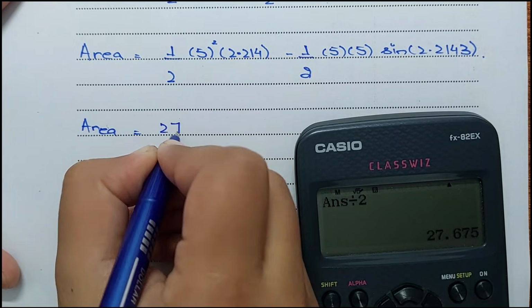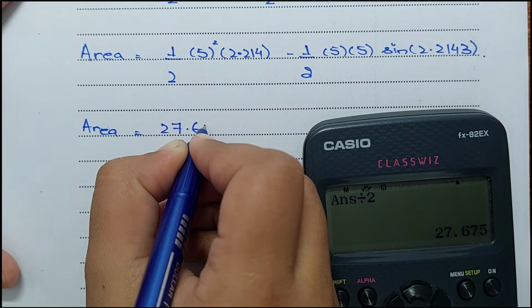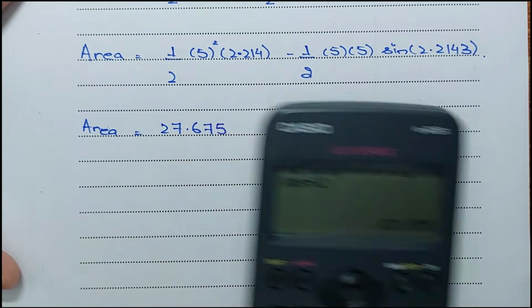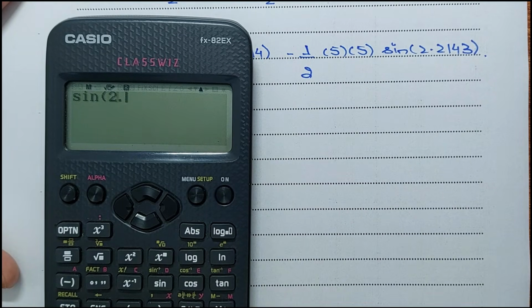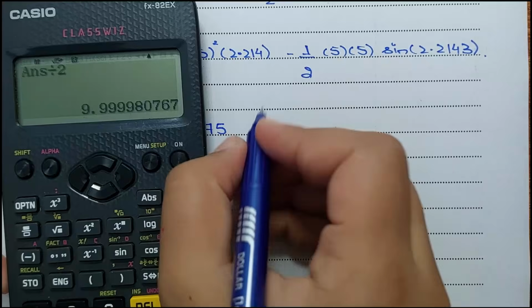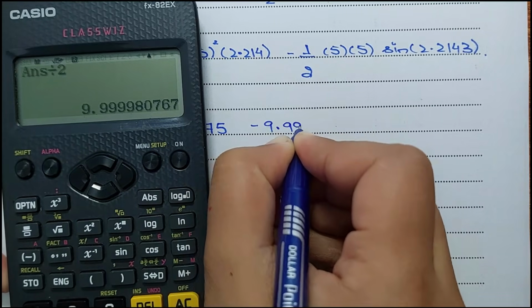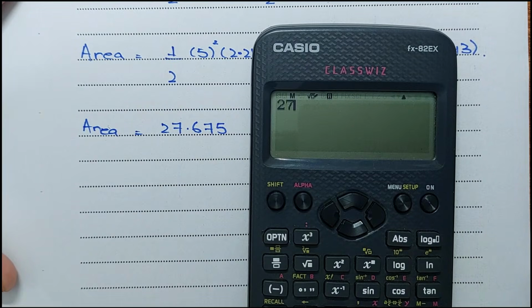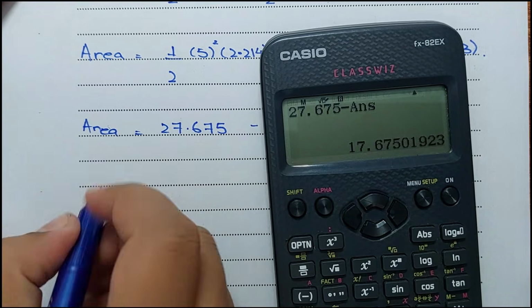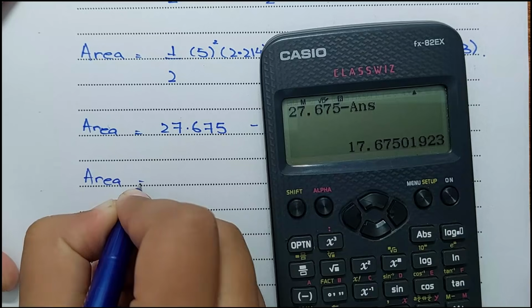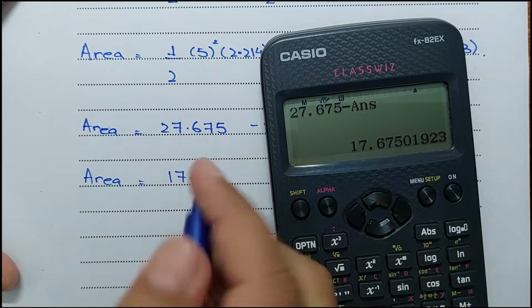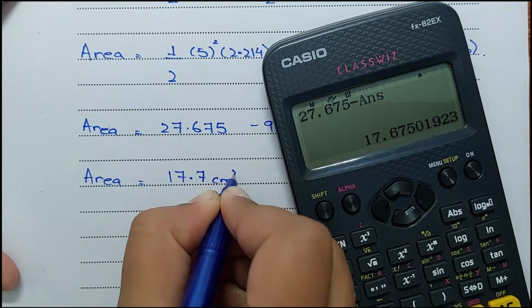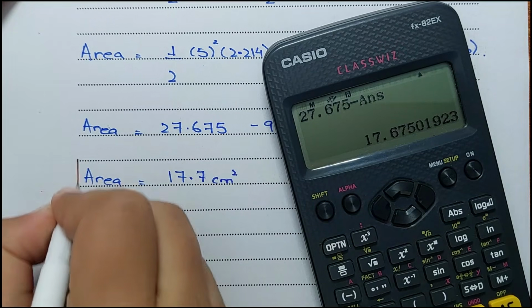That is 27.675, minus sine of 2.2143 multiplied by 5 squared divided by 2, which is 9.99. Then 27.675 subtract that, the answer, area is 17.67, rounded to 17.7 centimeter squared. That is the area for the shaded region.